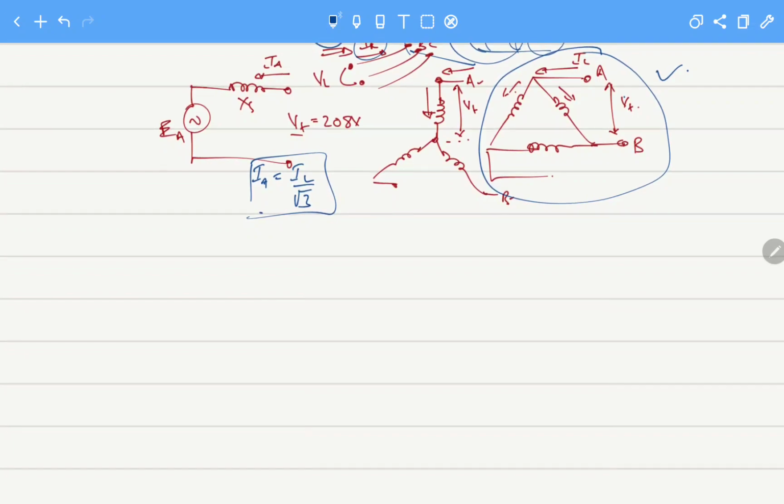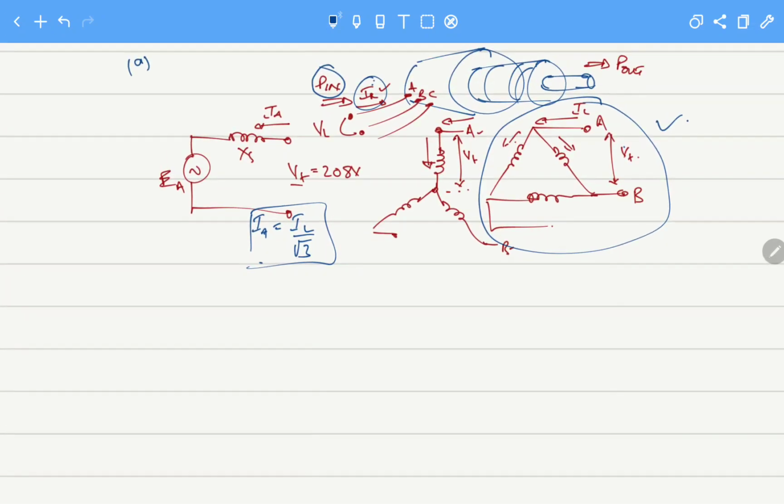So if you know the power flow diagram, from the power flow diagram we know that we have P electrical input, first the P input is here, sorry. So there are electrical losses, then the power is converted, then there are mechanical losses and core losses, and then we find the P output for the machine.